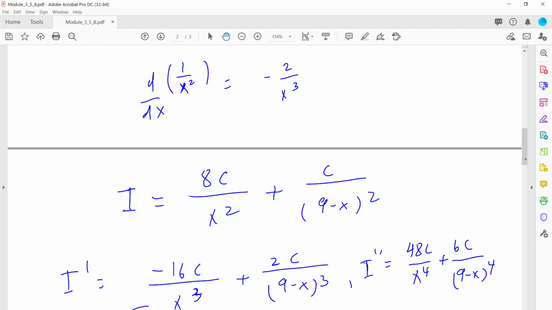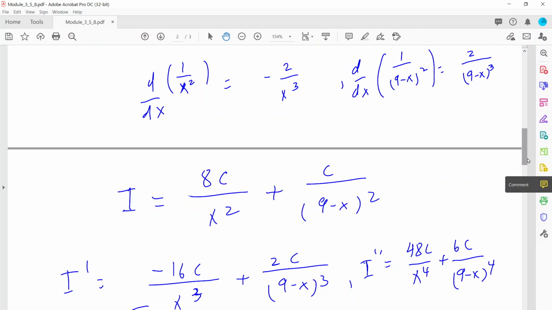The derivative of 1 over 9 minus x squared is negative 2 over 9 minus x cubed times the derivative of the inner function, which is negative 1. So eventually it will be 2 over 9 minus x cubed. This is what I used to find the derivative, and I used the very same trick to find the second derivative as well.